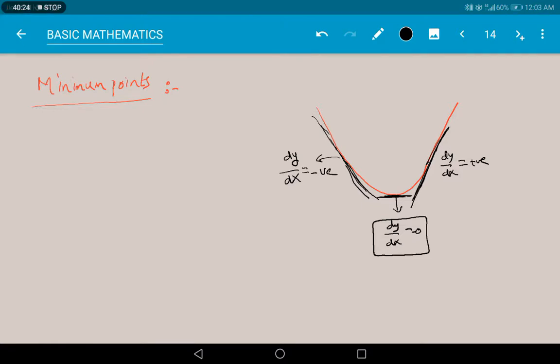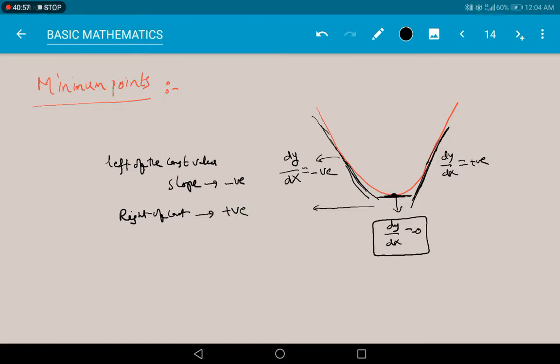Okay, right. So if you observe the left side, left of the minima, the slope is negative, and right of the minima, the slope is positive.